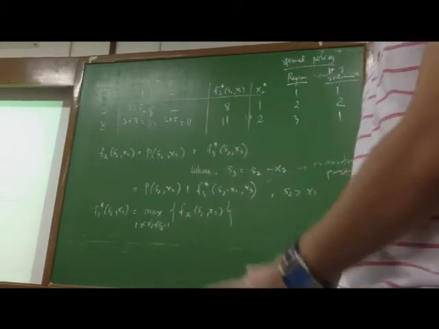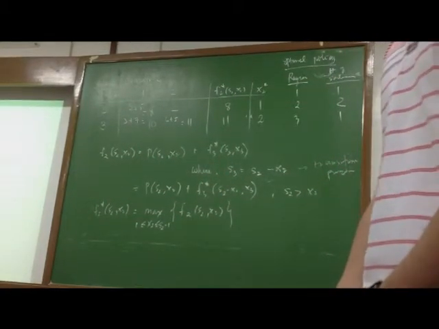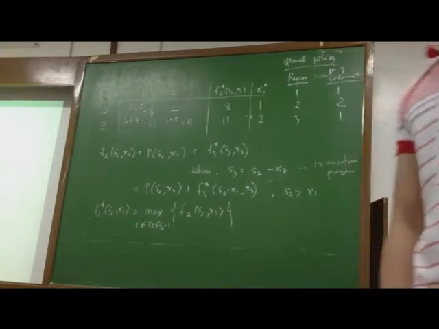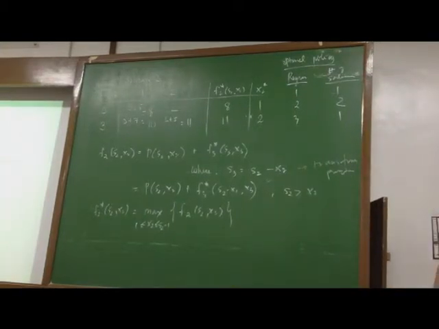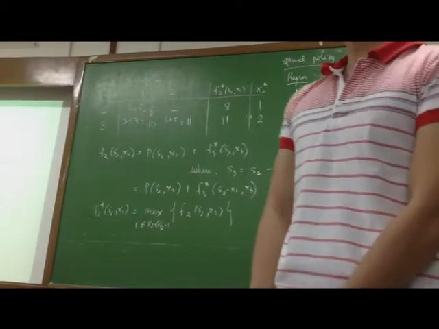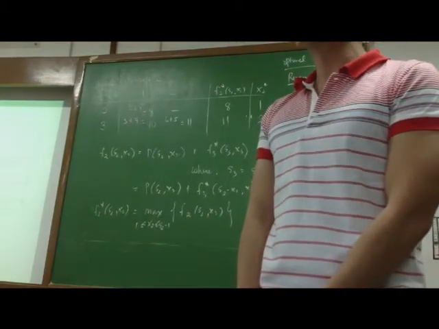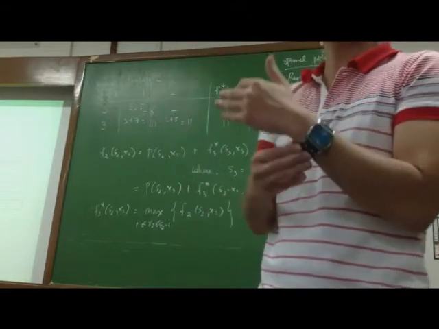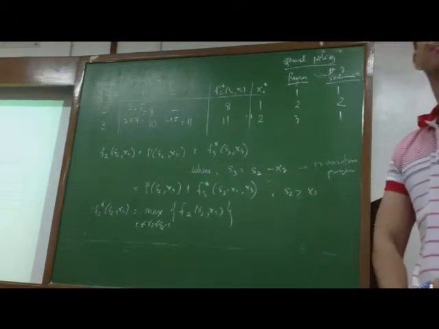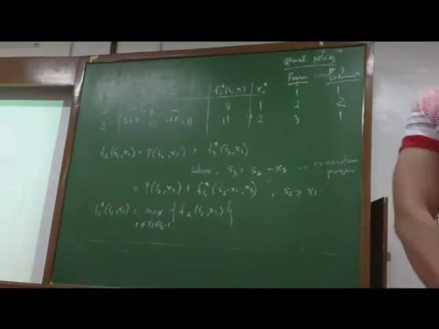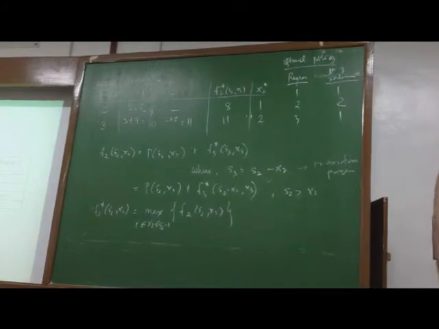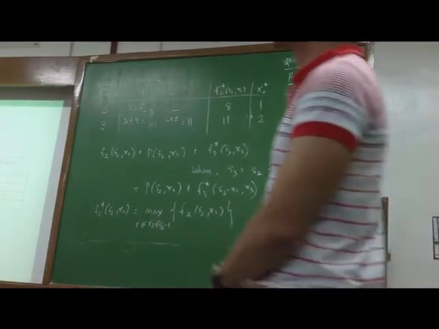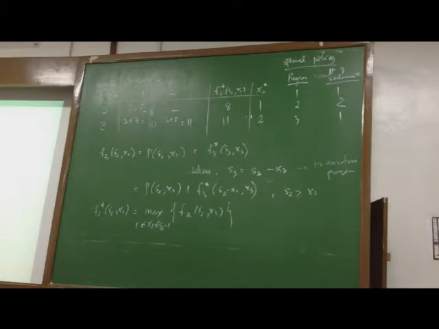So S is state, and X is your decision. That's a general description. Kailangan mo siyang i-define specifically per problem. Yung X palagi yung decision variable. Mamaya, may mga example, kaya wait muna.